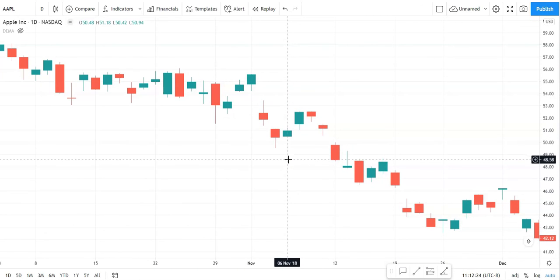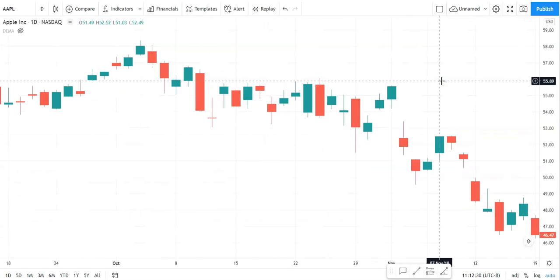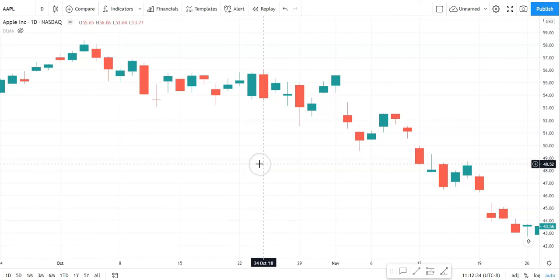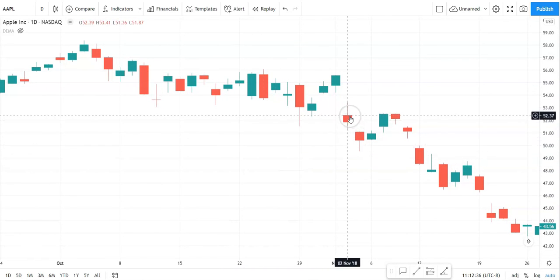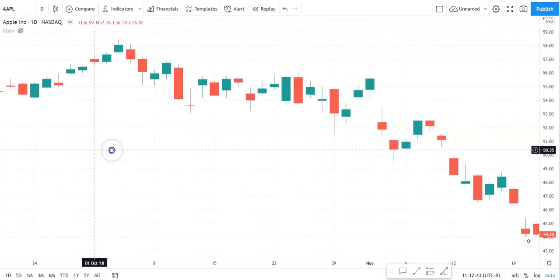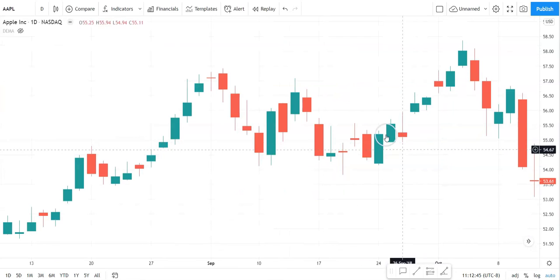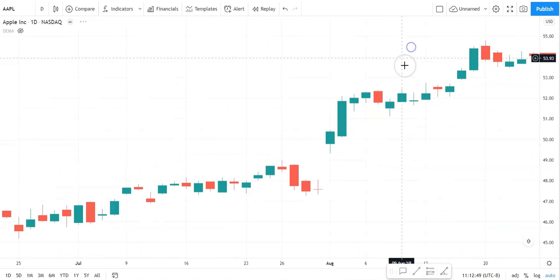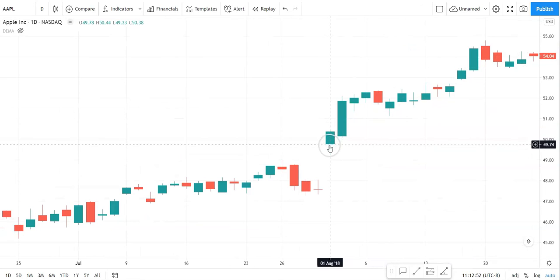Candlesticks are very, very powerful, and my favorite candlesticks are the bullish and the bearish candlesticks, like I discussed in the beginning, where a bearish one would be a long upper wick red candle, and a bullish one would be a green candlestick with a long lower wick.